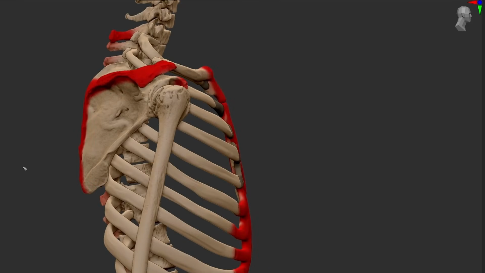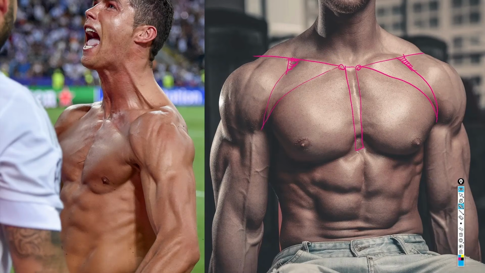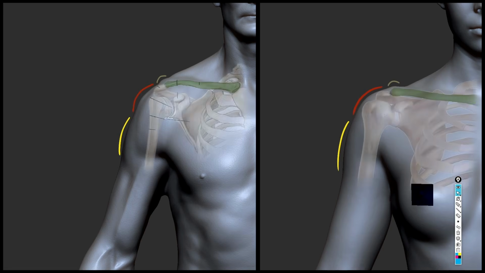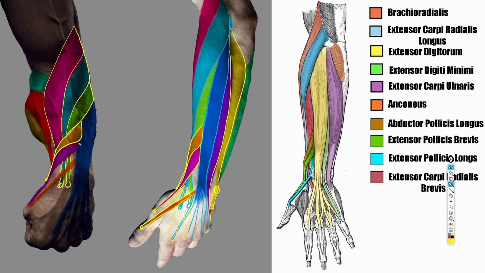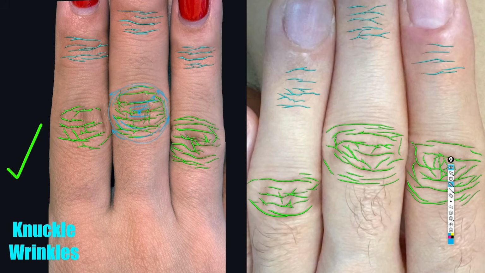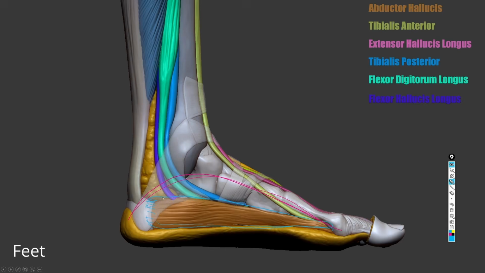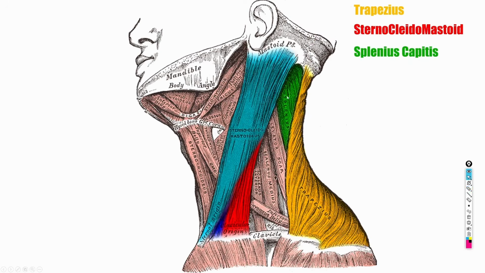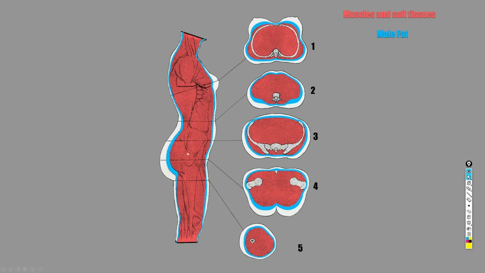We begin with proportions and skeletal landmarks, then the entire body, torso, shoulders and back, arms, hands in detail, hip, thighs, and lower legs, feet, head and neck, and finally we explore male and female differences and age-based proportions.